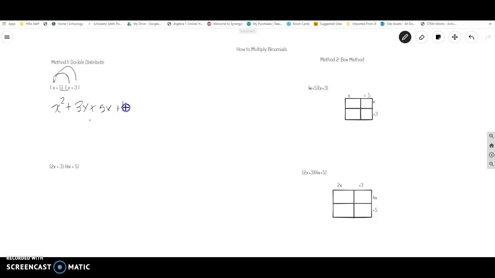Now when we go to combine these, we have to combine this 3x and this 5x because we want everything to be in simplest terms.